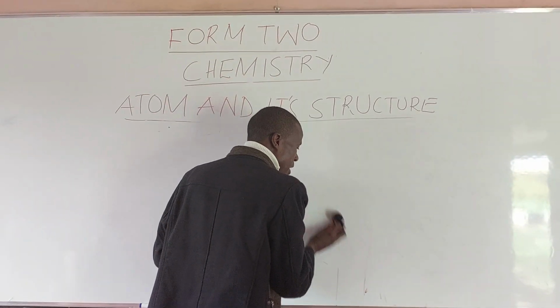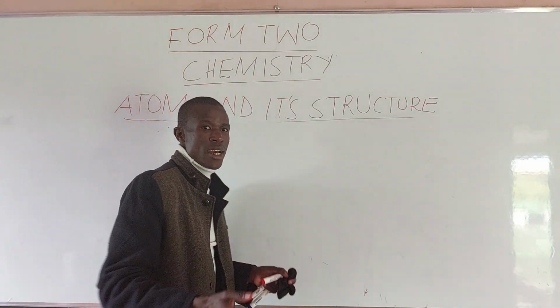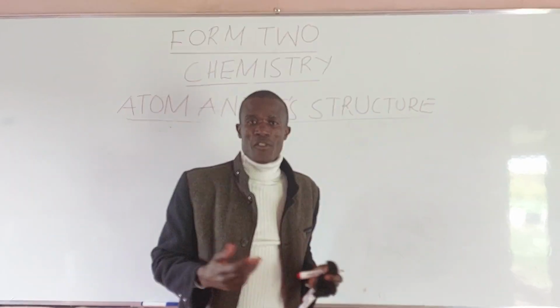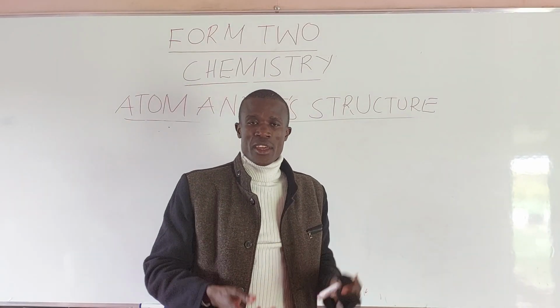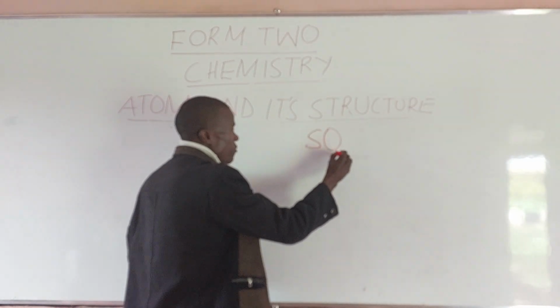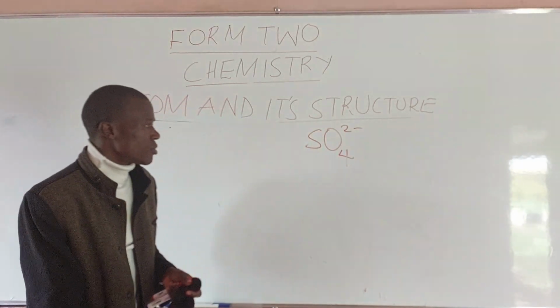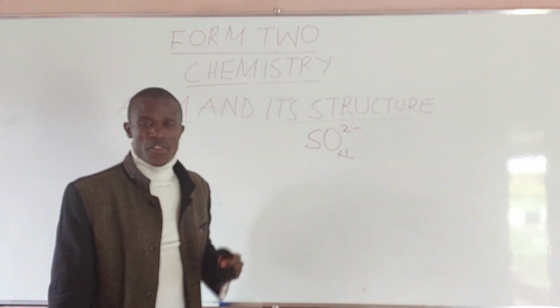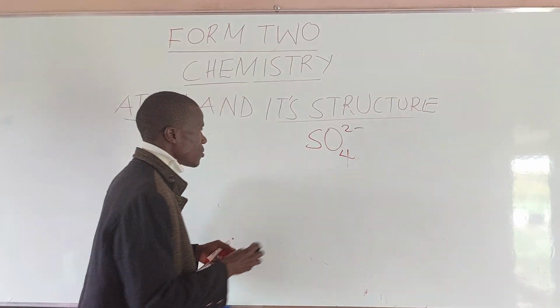We also learned something about radicals. A radical is a group of atoms that exist together with a net charge and react as a unit. An example is like sulfate ions, carbonate ions, thiosulfate ions, and others.